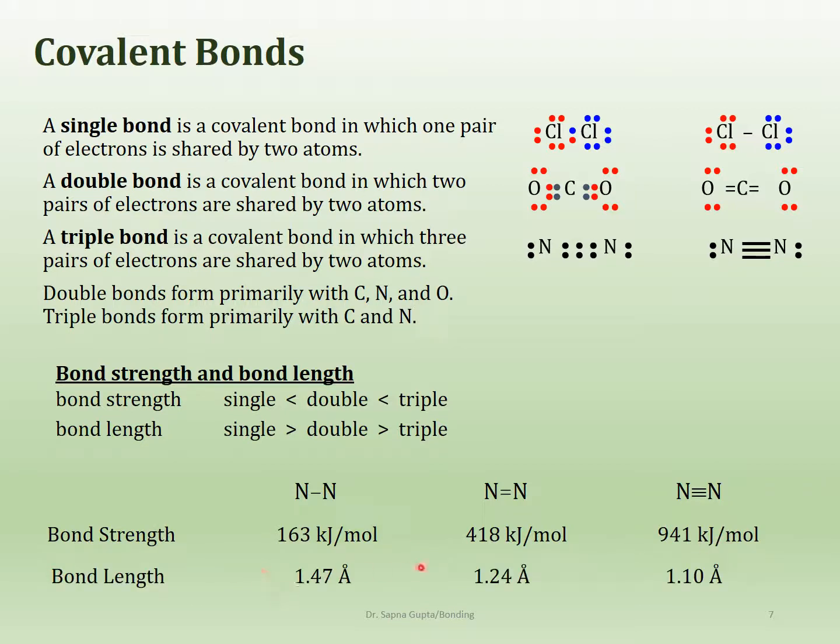And then here are the bond lengths, and again remember this A with the little circle is called angstrom, which is 10 to the negative 10 meters. And so you can see from all these different bond lengths that the triple bond is the shortest bond length of all. So you have to remember this trend. And by the way, the example here is for nitrogen, but the same thing will follow for carbon and oxygen. You don't have to remember the numbers, you just have to remember the trend.